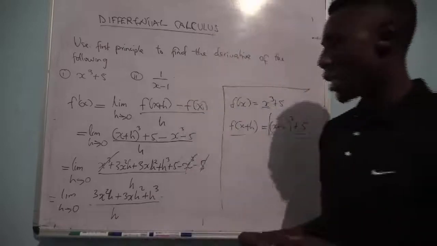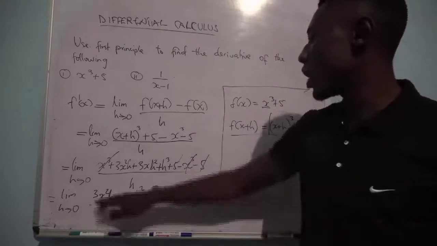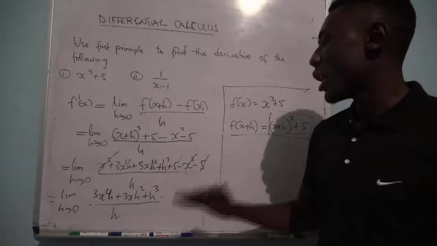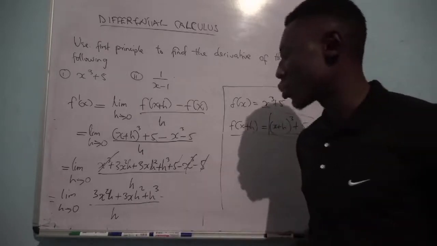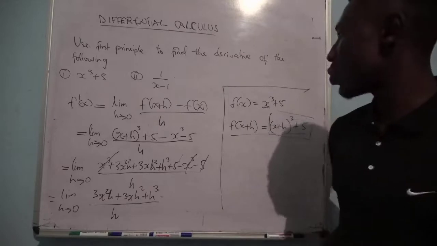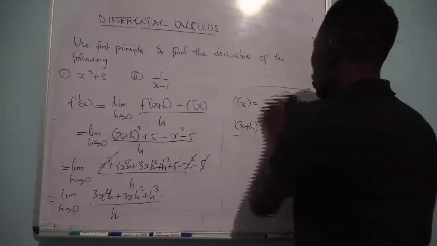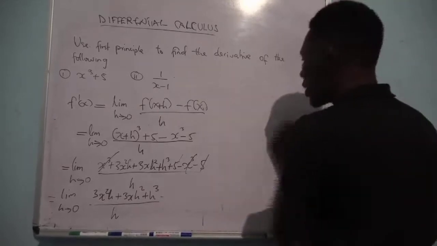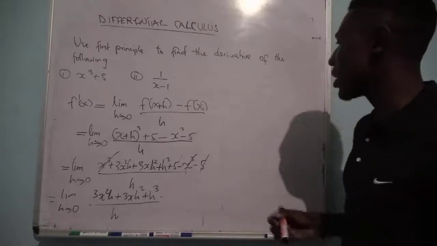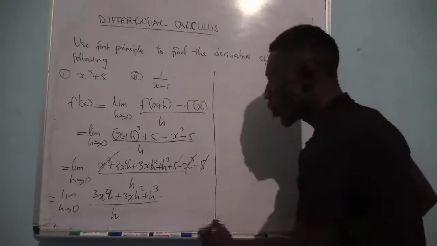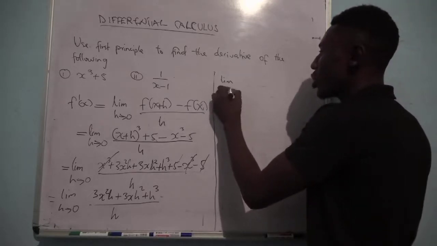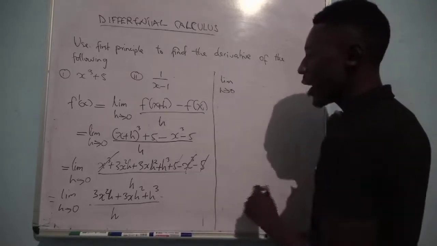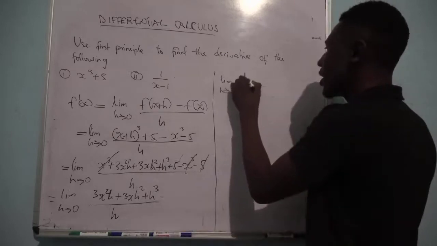Then, if you look at the numerator, each and every term has h in it, so the h will be factored out. When it is factored out, I'm going to take this to the other side. I'm going to have the limit as h approaches 0 of, when I factor out the h, h.